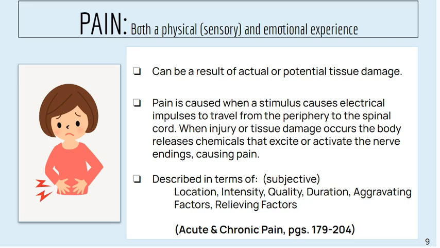When injury or tissue damage occurs, the body releases chemicals that excite or activate those nerve endings, causing the pain. So pain can start anywhere in our body, but it starts at one point and then travels up our spinal cord to tell our brain that something's going on.